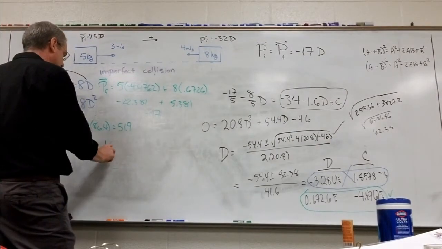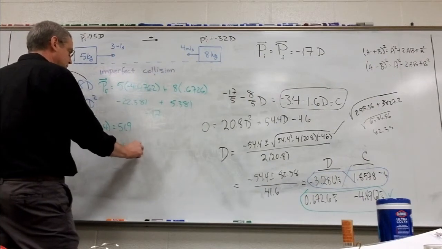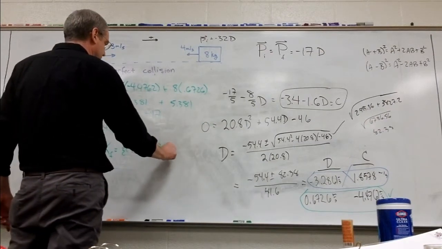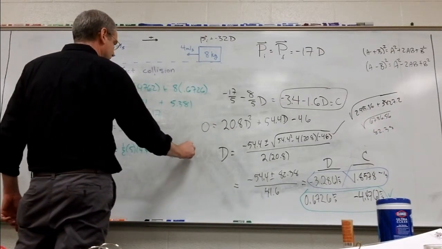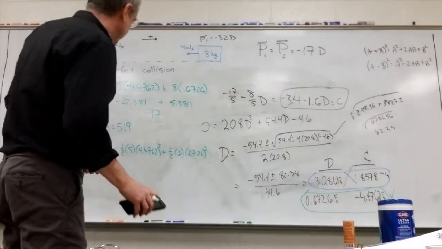So K final is 1/2 times 5 times 4.4762 squared plus 1/2 times 8 times 0.6726 squared. Can't forget those squares there.